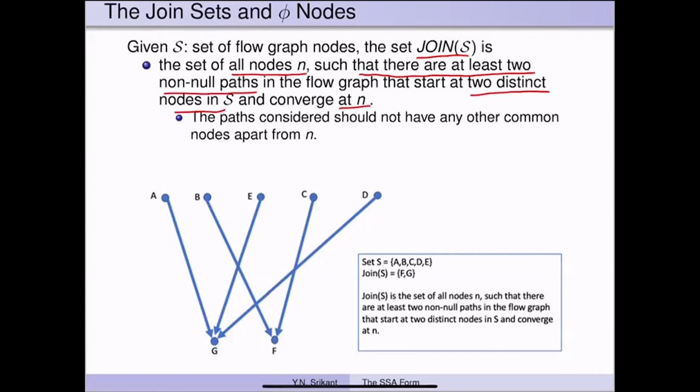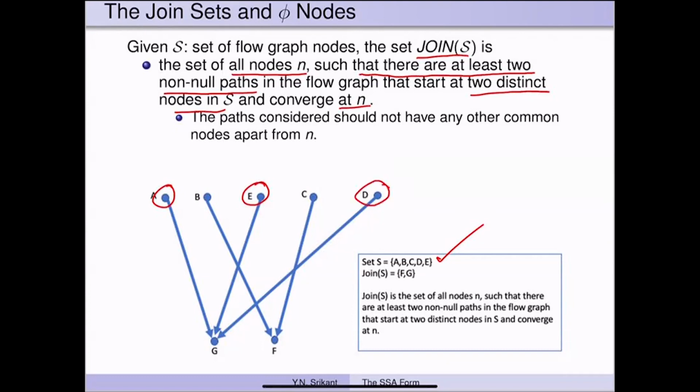So the picture should explain this quite easily. The set S is A, B, C, D, E, right? These are the elements of the set S. So let us pick A and then E and then D, right?